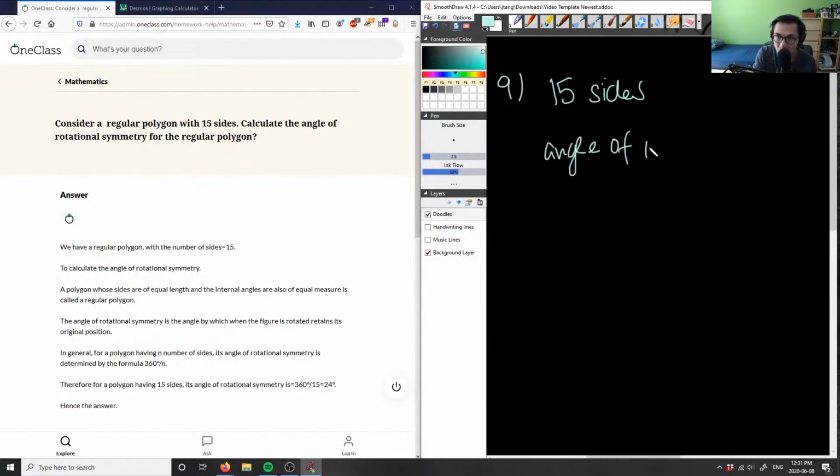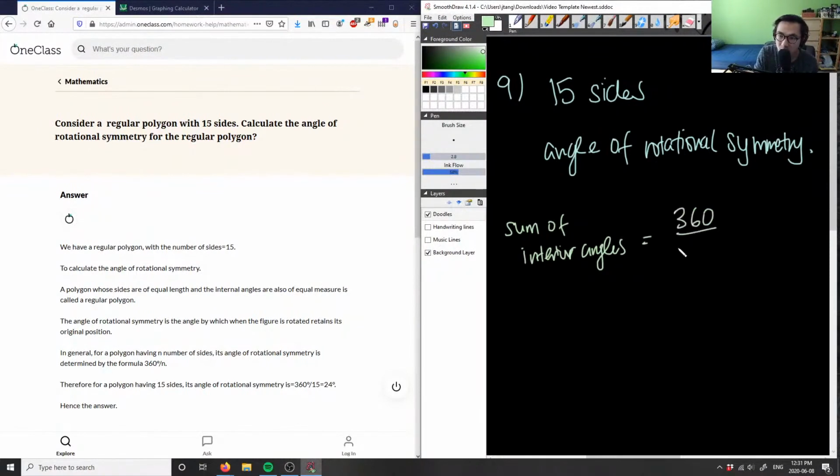Angle of rotational symmetry. It's really hard to visualize a polygon with 15 sides, but in geometry we have to recognize that the sum of the interior angles of a polygon is going to equal 360 over n, where n is my number of angles.